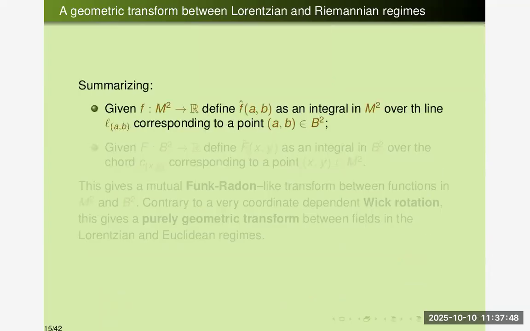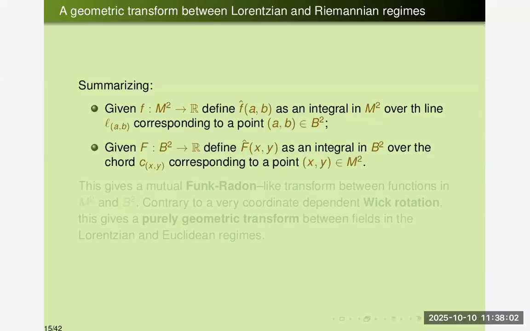So let me summarize. Given a function in de Sitter, define its value at some point AB in the Beltrami as an integral in M over the line corresponding to the point. And likewise, given a function in Beltrami, define a function in de Sitter at point xy as an integral in B2 over the chord corresponding to point xy.